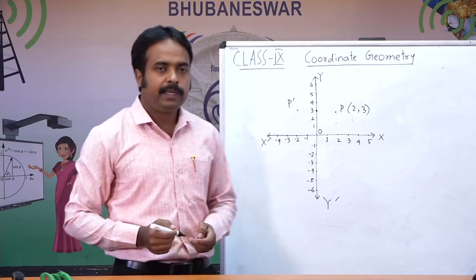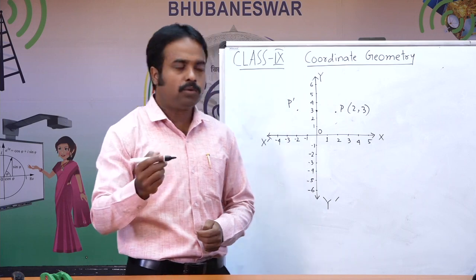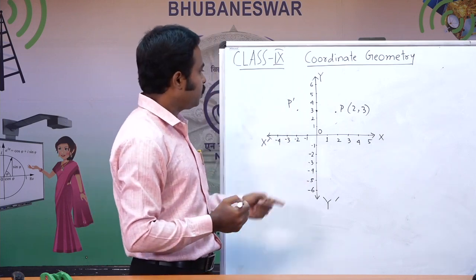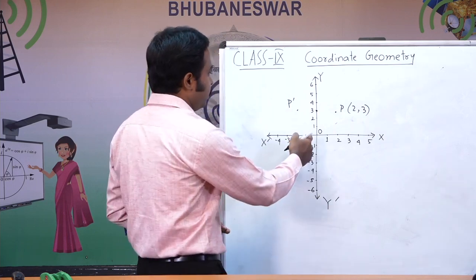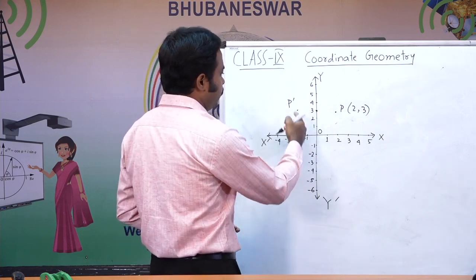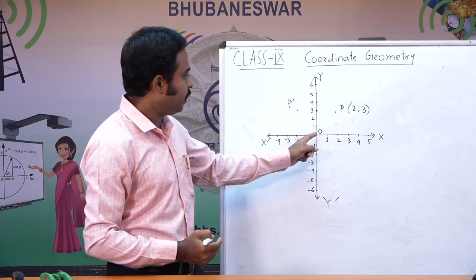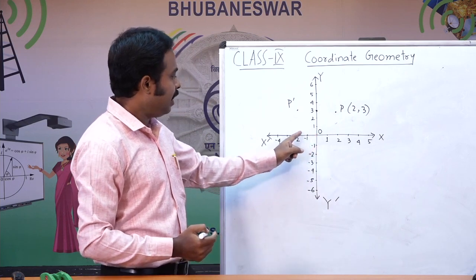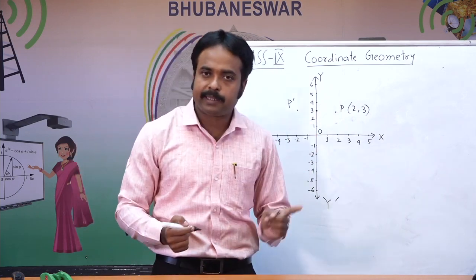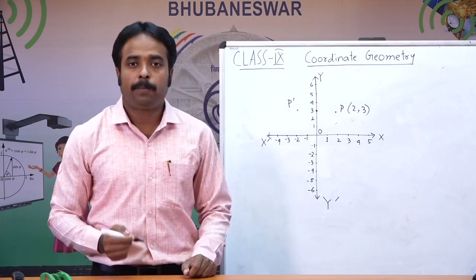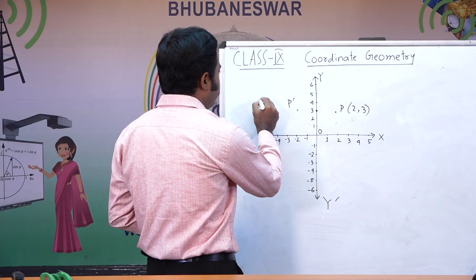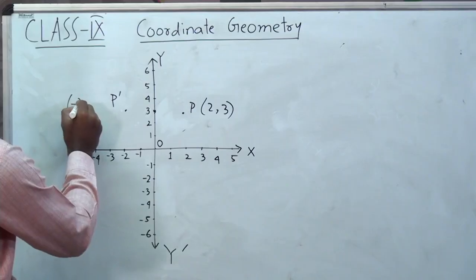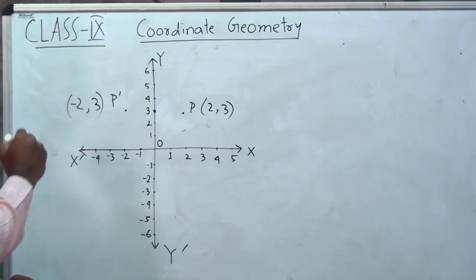P dash is the image of the point (2, 3), and you may easily find that we go 2 units along the negative x-axis and 3 units along the positive y-axis. Therefore, the coordinates of P dash are (-2, 3).